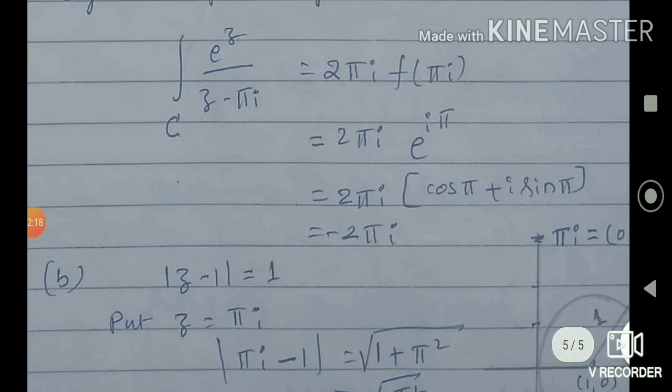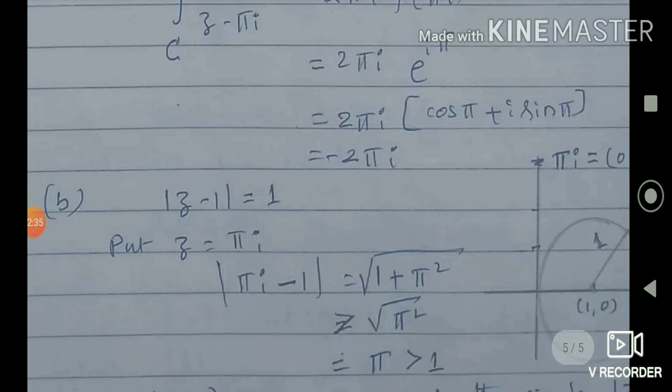Let's take the second case, that is mod of z minus 1 equal to 1. Substitute z as pi i, then you will get pi i minus 1. The real part is minus 1, its square, the imaginary part is pi, its square, and the square root. Mod means the real part squared plus the imaginary part squared, and the square root.